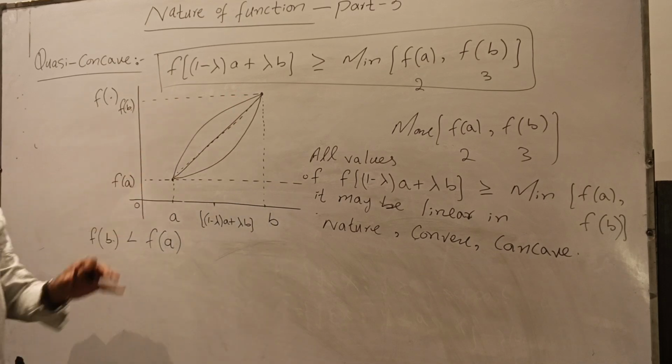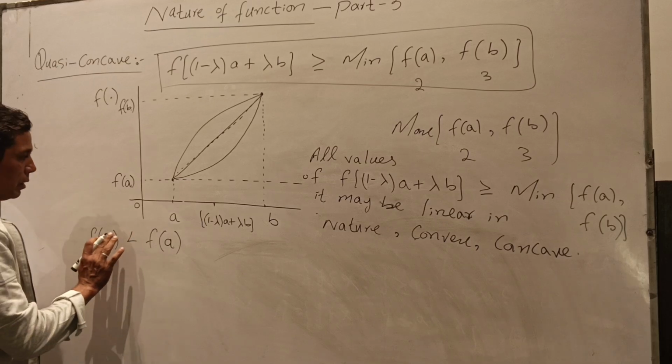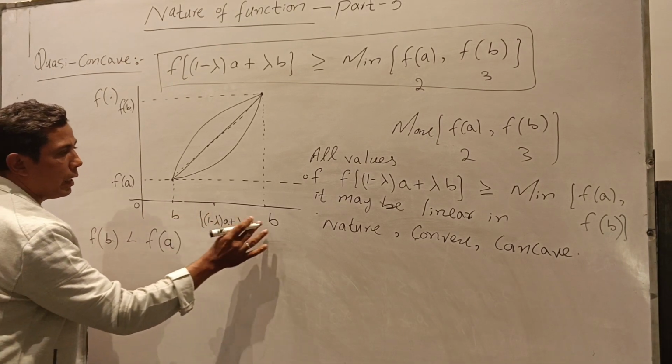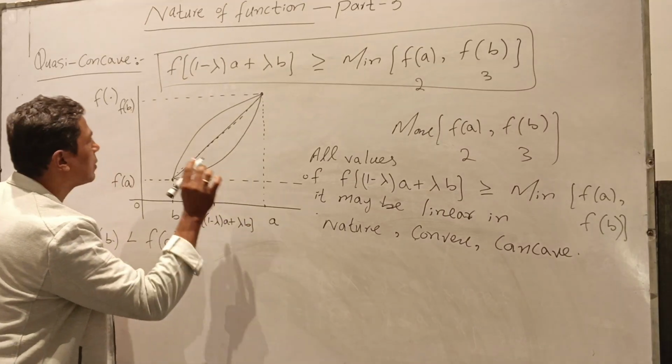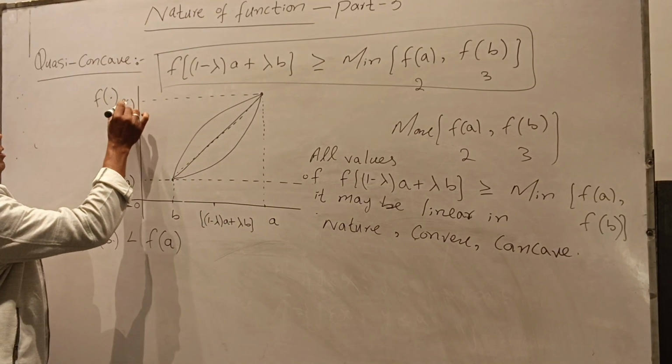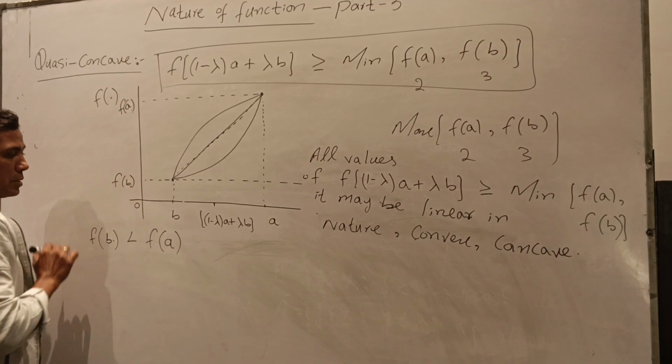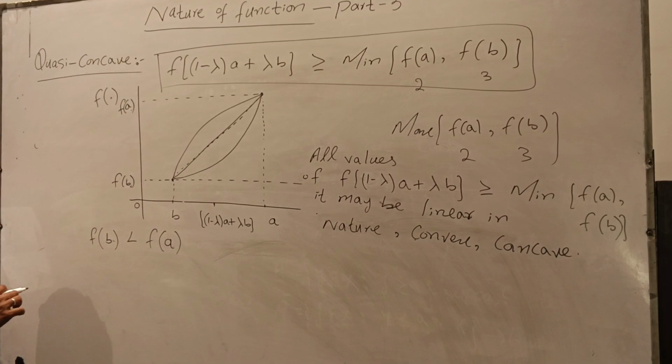Clear? So normally, for the sake of understanding, we move this one, b and a, or this is a and this is b, and we assume there is no change in the nature of the function.